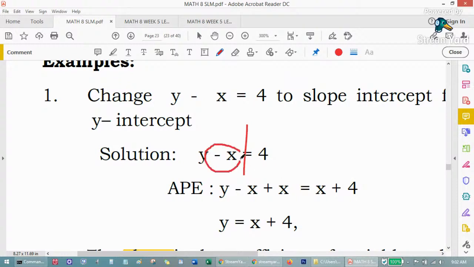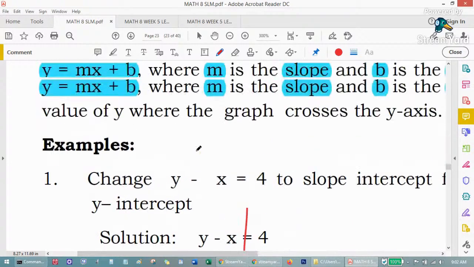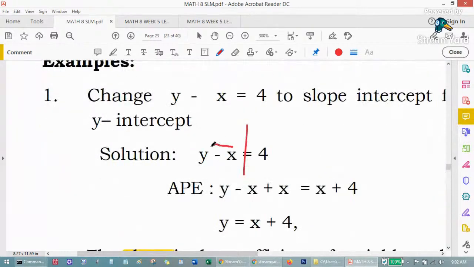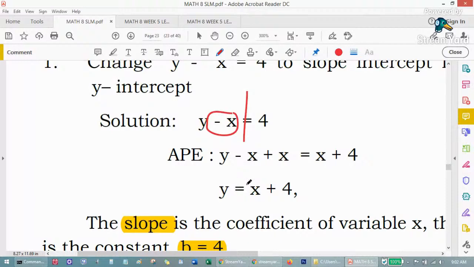Okay, so yung negative x, ayaw natin yung negative x sa left side kasi gusto natin na y lang mag-isa ang nasa left side. So yung negative x, lilipat natin sa kabila. Hindi na natin gagawin to, diretso na tayo. Y, nawala na yung negative x, naging positive x.